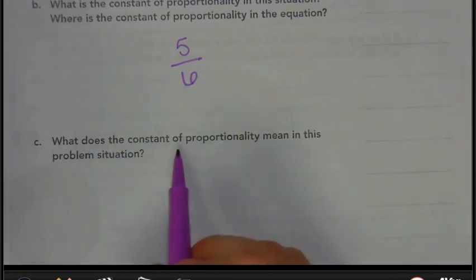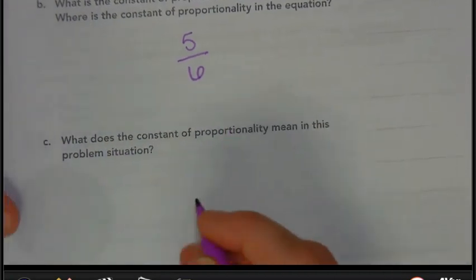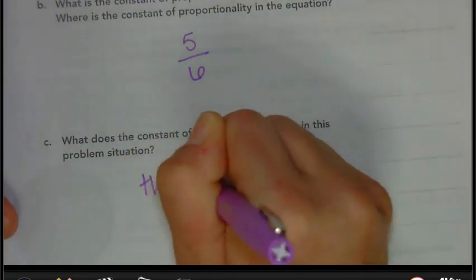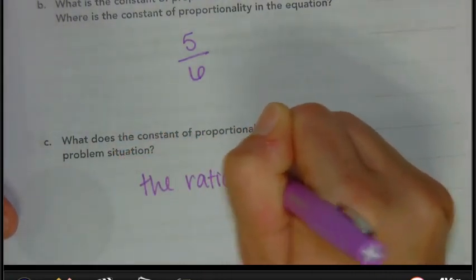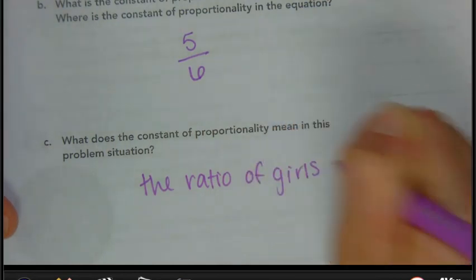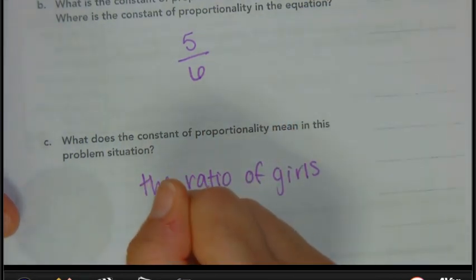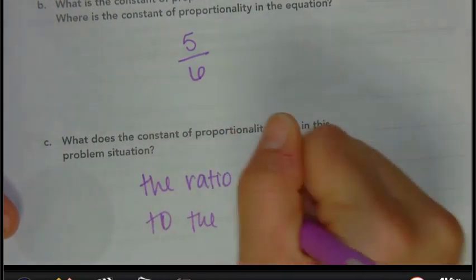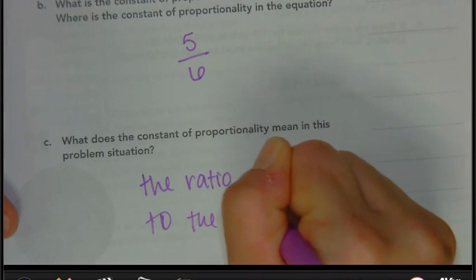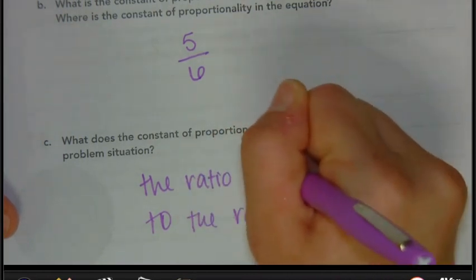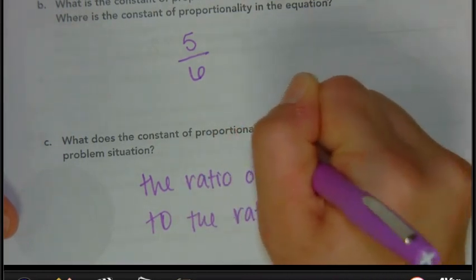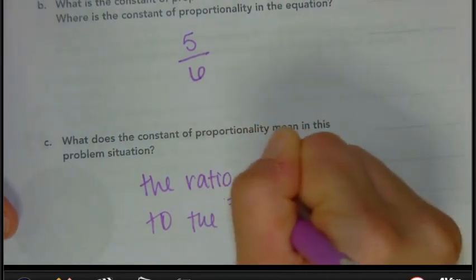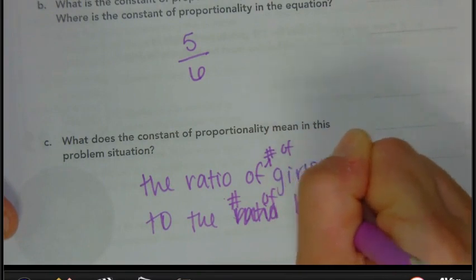All right, and what does the constant of proportionality mean in the problem? It means the ratio of the number of girls to the number of boys.